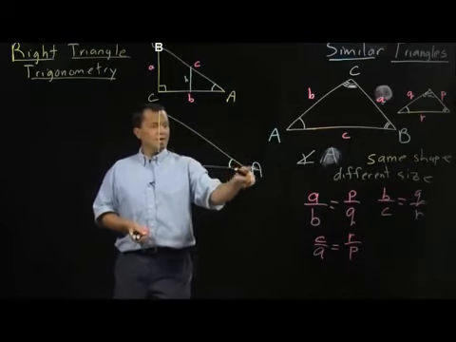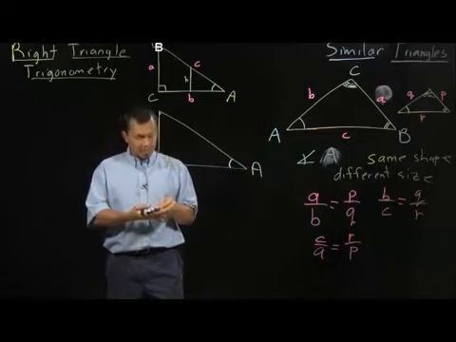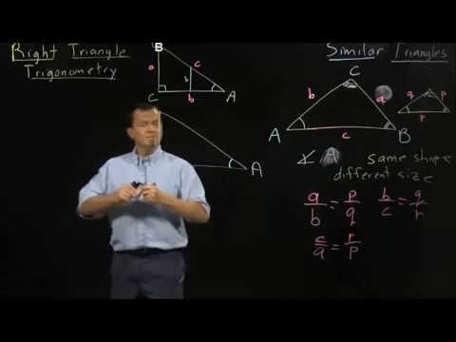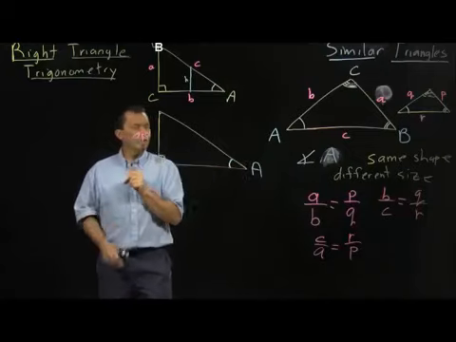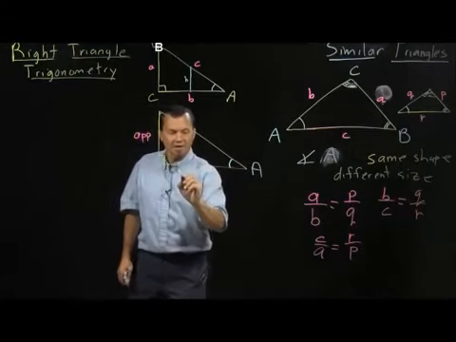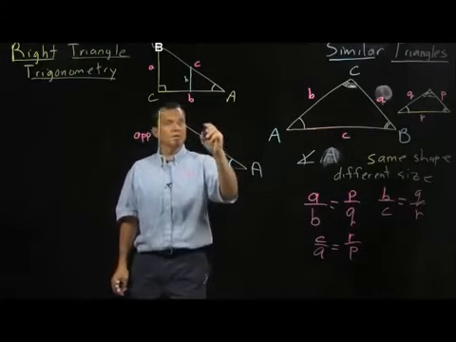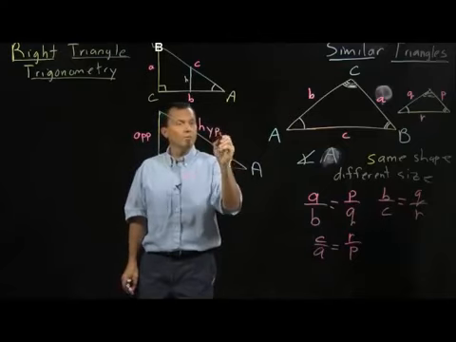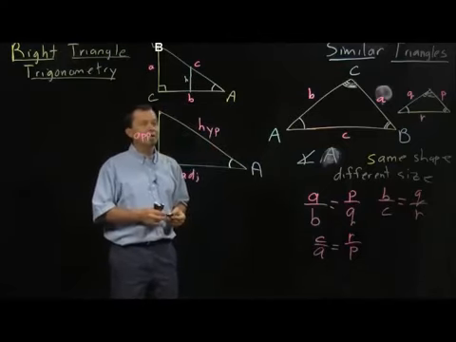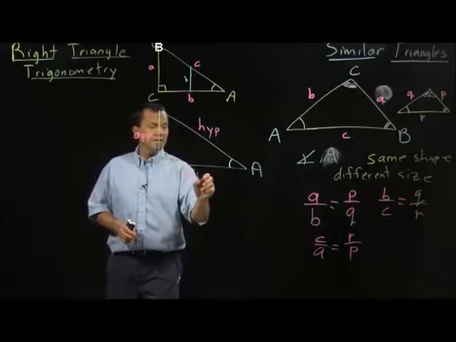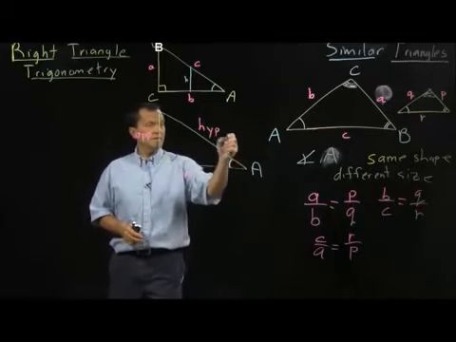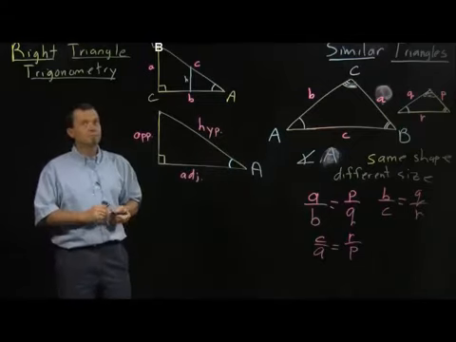So I identify an angle, I find my right angle. When we have this, the side opposite of the angle A will be right there. The side adjacent is right there. And the long side of a right triangle is called the hypotenuse. So I've abbreviated it: side opposite angle A, side adjacent to angle A, and the hypotenuse.